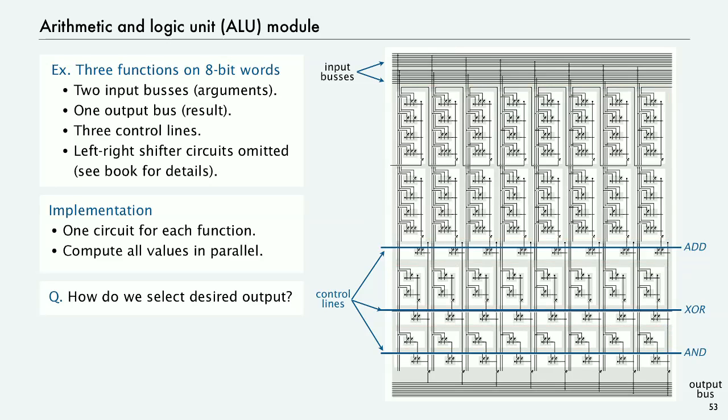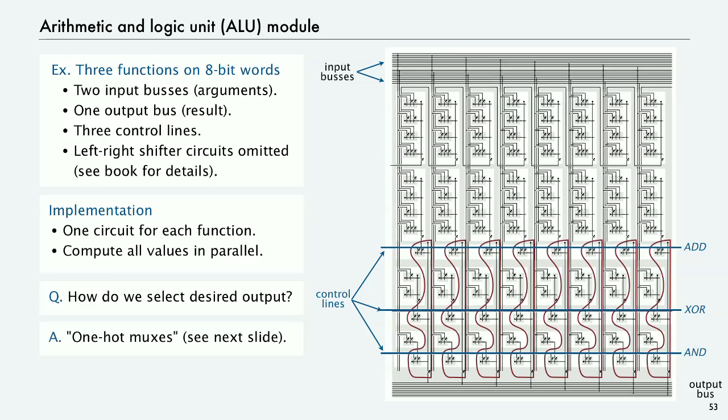And then we have the control lines, but the question is, how do we do the selection for the desired output? When the add control line is lit, we want to see the result of the add circuit, and when the XOR is 1, we want to see that one, and so forth. The answer is we use a small sub-circuit, a little switch called a one-hot mux, which we'll talk about in the next slide.